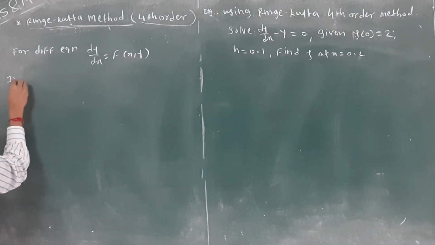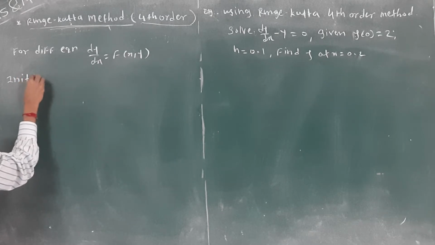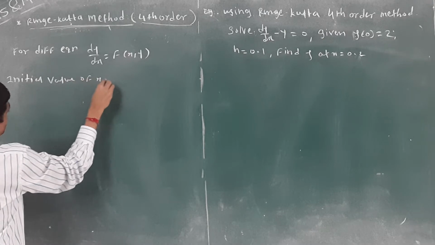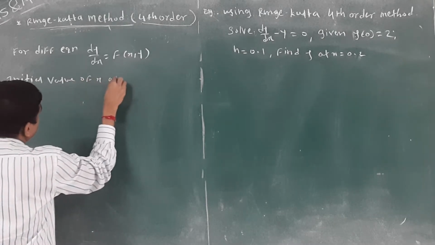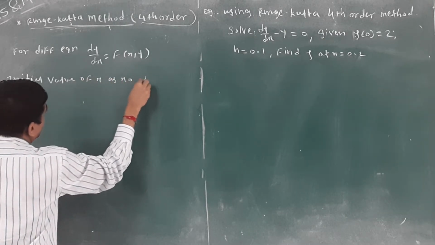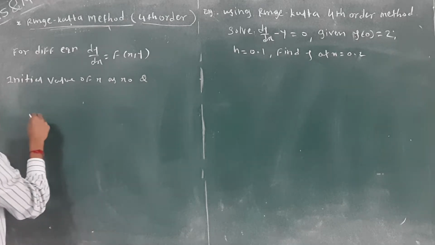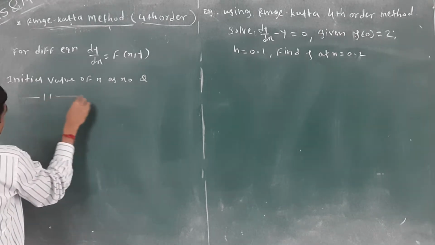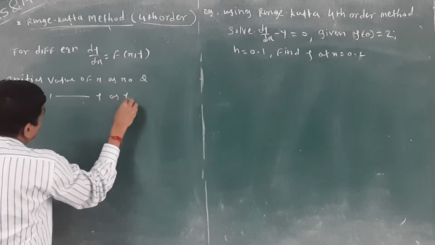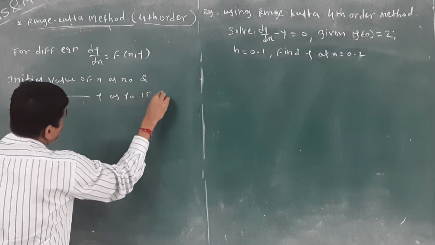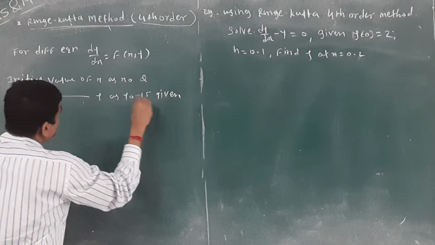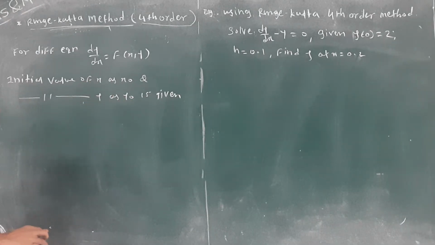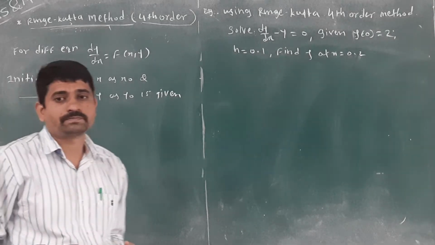The initial value of x is x0 and the corresponding value of y is y0. You have been given these two values x0 and y0 in the problem statement.